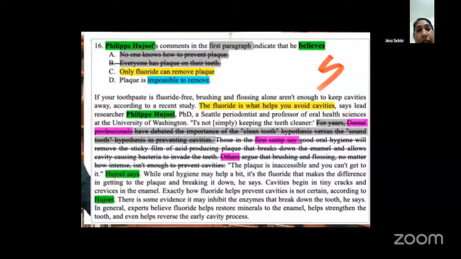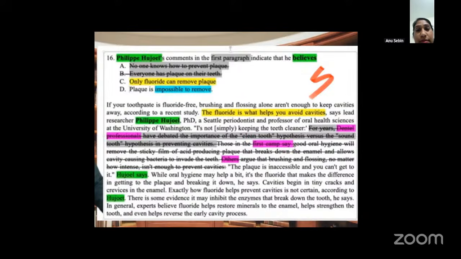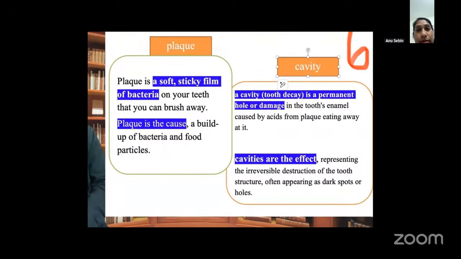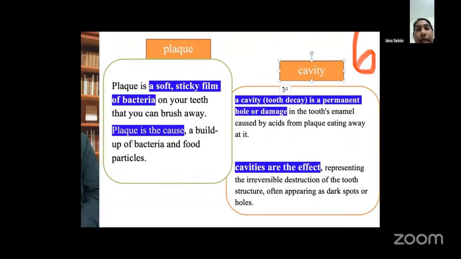Could you please go to the next slide? Yeah. So C mentions plaque and cavity. These both are different. So could you please go back to that text?